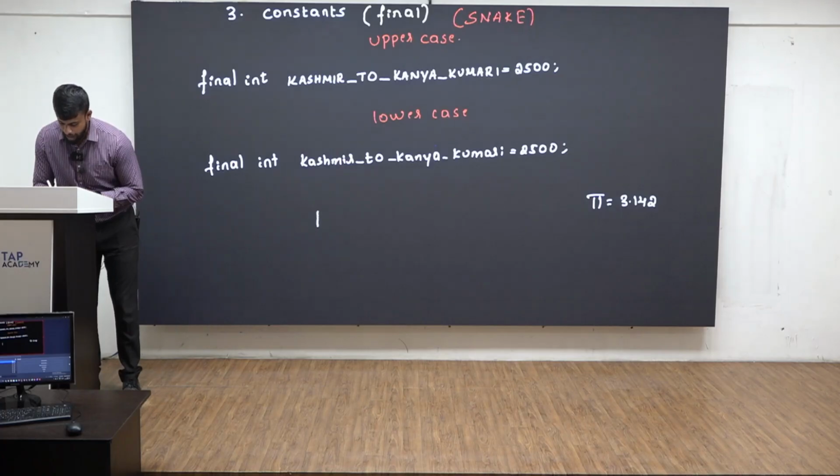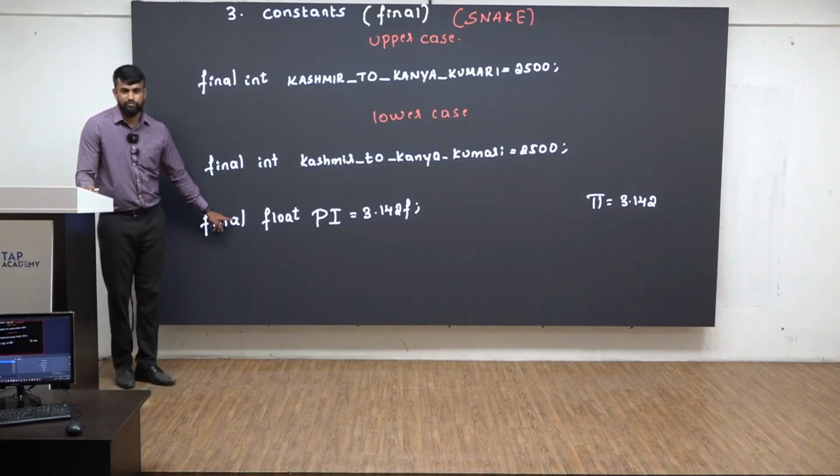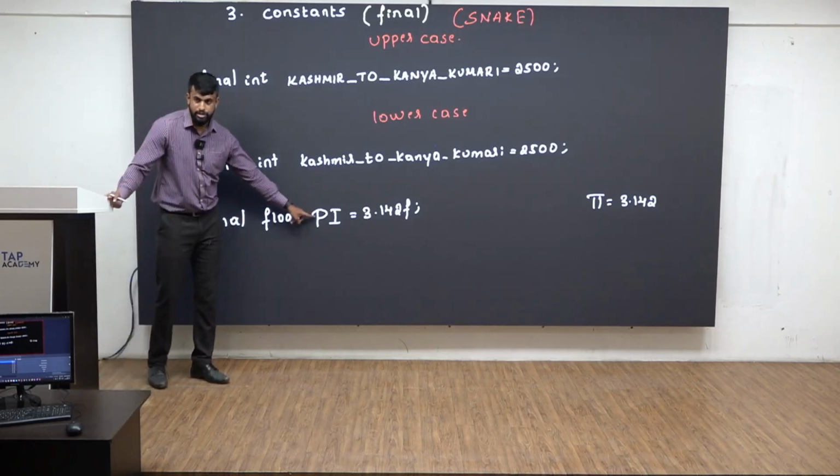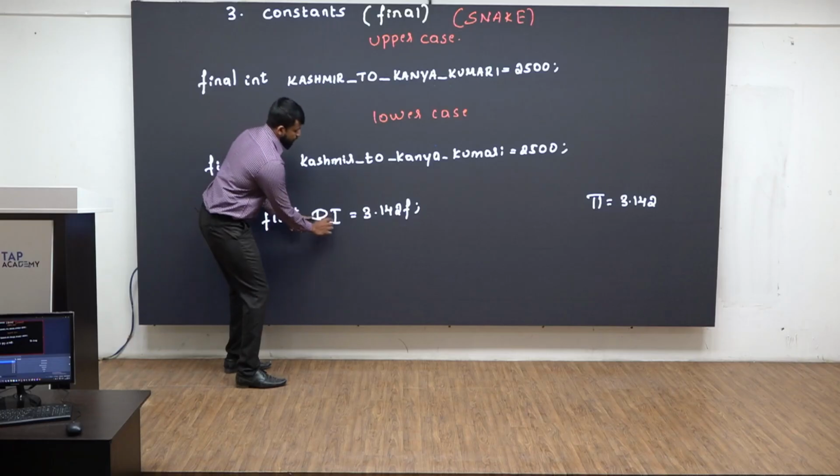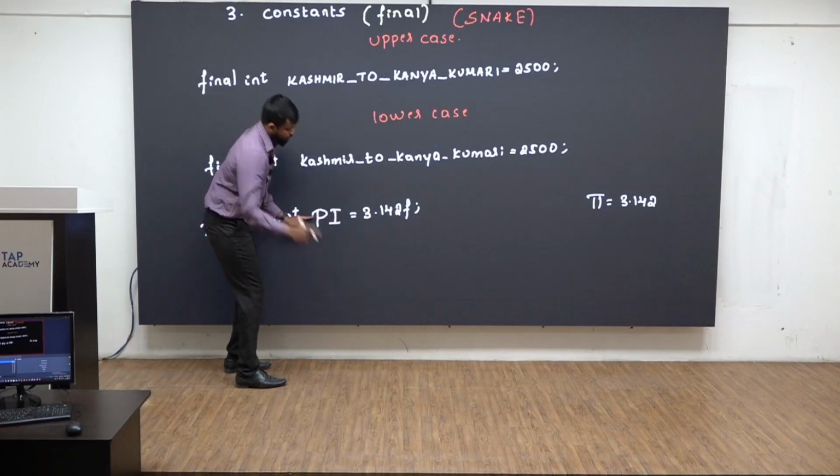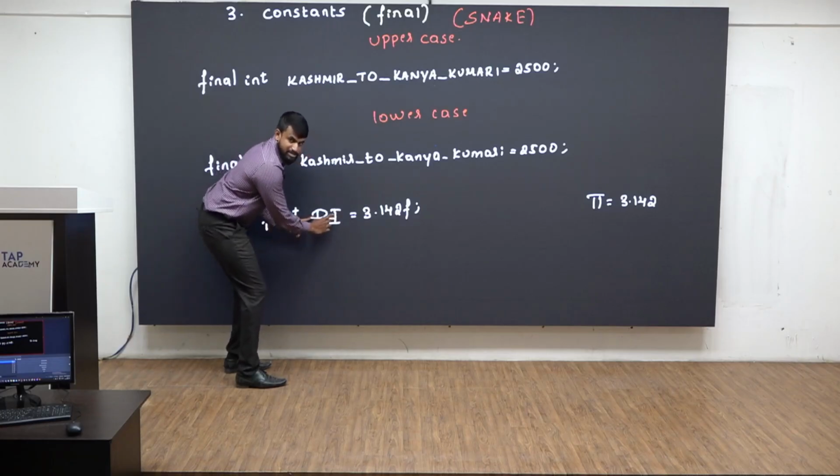Very simple. I will write it as P and I. And for it, I will give one value, 3.142F, because I am going to give it to the data type float. Since it is final, meaning it is a constant, you should attach final there. And it is a constant. If you look, do you have one word or multiple words? Only one word, so that is why you should write this in capitals.